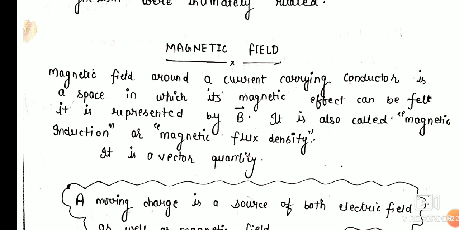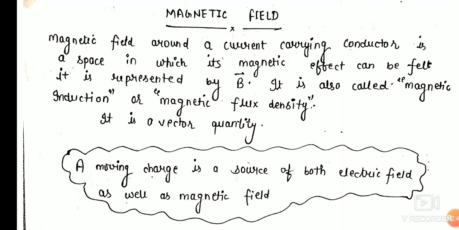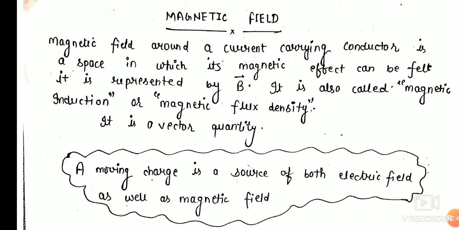Now the question is, when a charge is at rest, there is a field around the charge which is known as the electric field. But when a charge is moving, there are both fields: the electric field due to the charge and the magnetic field due to the moving charge.